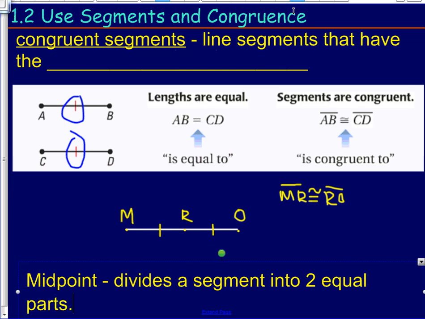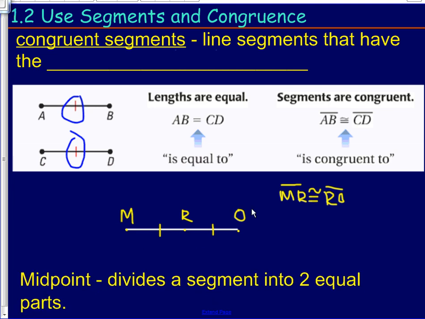All right. So in our example here, R is our midpoint. Okay. So R is our midpoint. And we can actually use all of this information, knowing that these two are congruent to each other and knowing that R is the midpoint, to solve a problem.